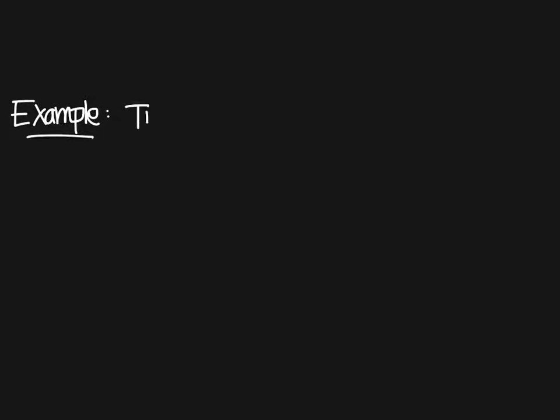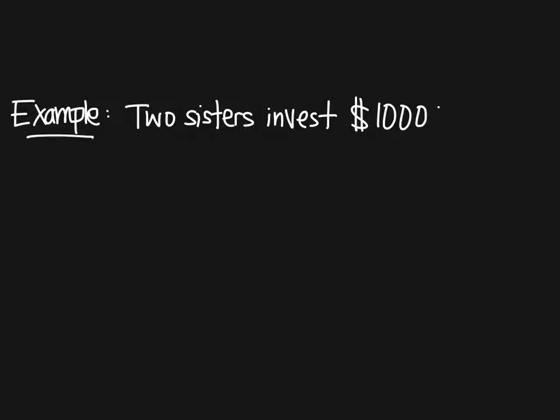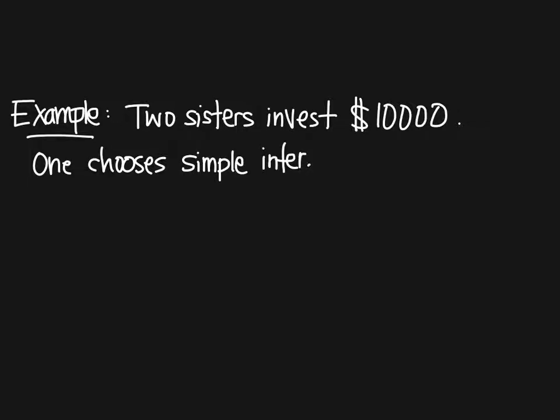All right, two sisters each invest $10,000. One chooses simple interest of 4% for 10 years.